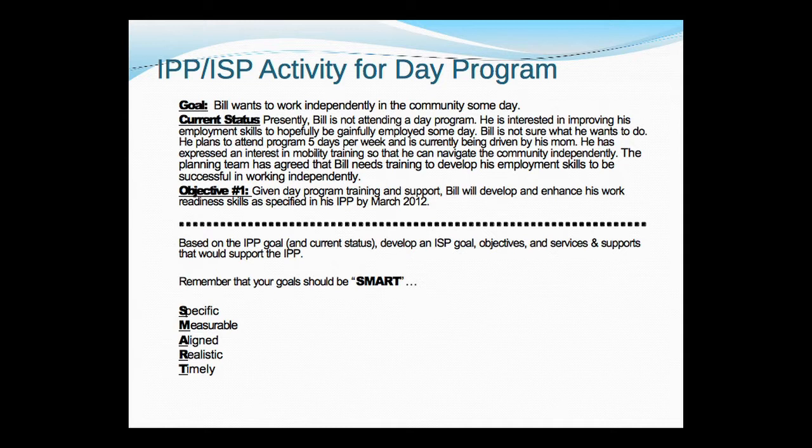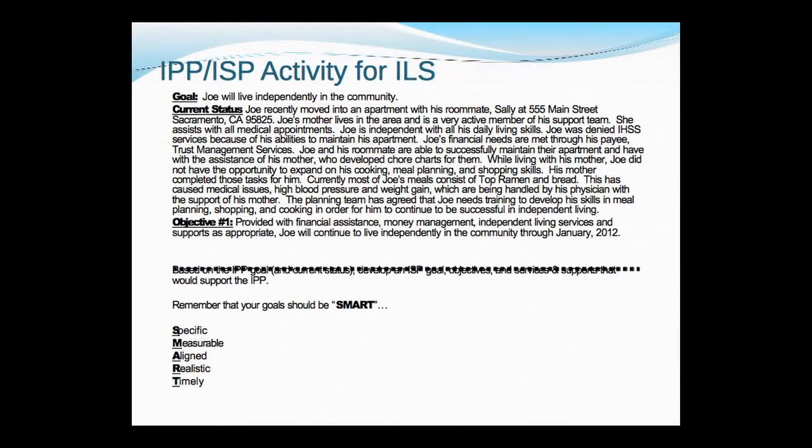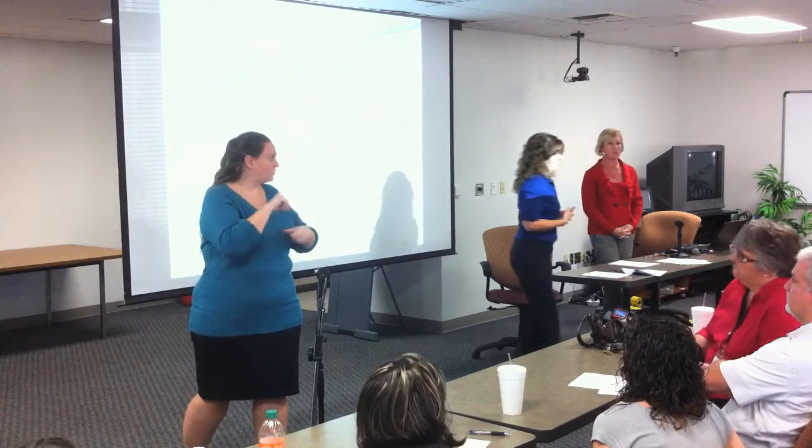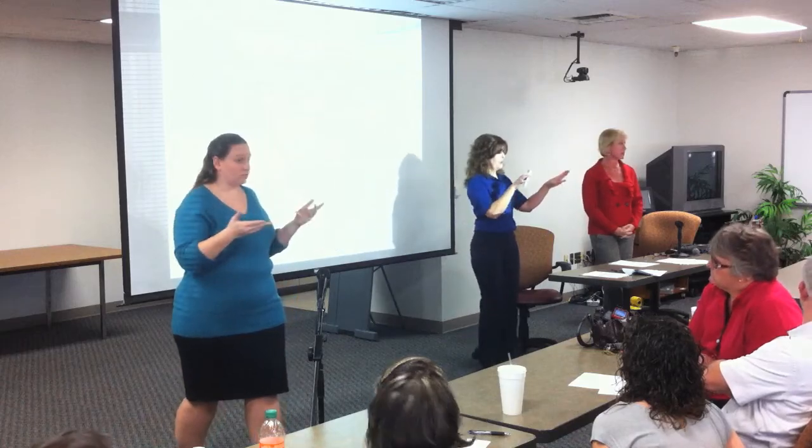Your objective is to write an ISP goal and at least one objective that's going to support this IPP goal. Is that all clear? You're writing an ISP goal and at least one objective that supports that IPP. One should support the other. Questions? No? Okay, ready, go.